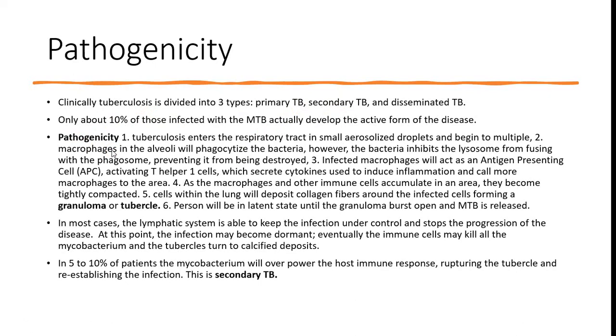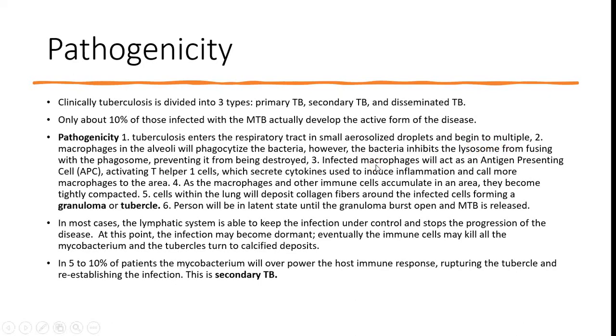So let's talk a little bit about how this tuberculosis works. What is its pathogenicity? So first, when the tuberculosis bacteria comes in, it's going to enter through the respiratory tract, through aerosols, so the droplets. It's going to get into the alveoli, and it's going to begin to multiply. But as soon as it gets into the body, it has breached those host defense mechanisms. So the host defense is going to be like, wait a minute, we've got to get our cellular responses in there.